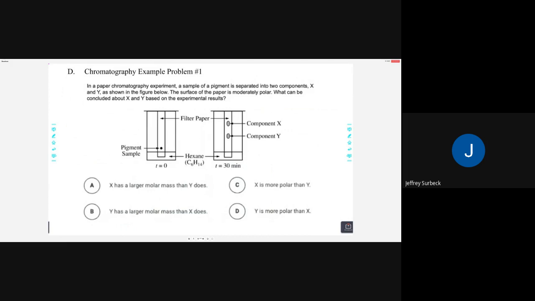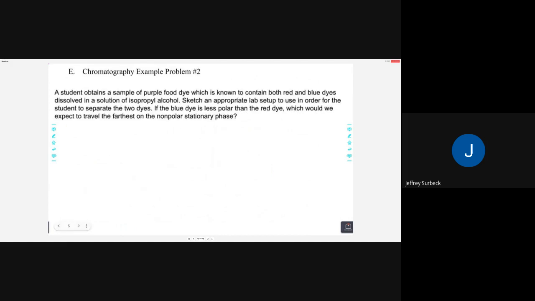All right, so example problem number 2. This would be like a free response, probably a short free response. It says a student obtains a sample of purple food dye, which is known to contain both red and blue dyes. It's dissolved in a solution of isopropyl alcohol. Sketch an appropriate lab setup in order for the student to separate the two types of dyes.